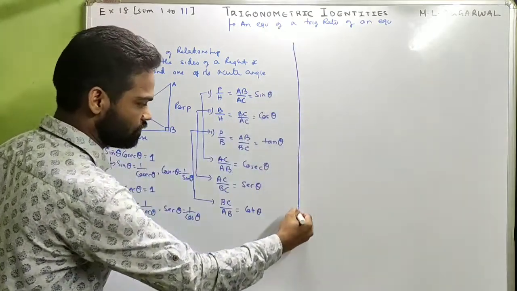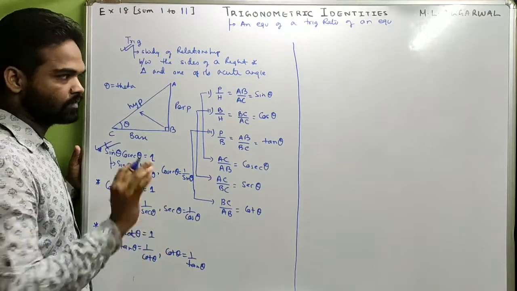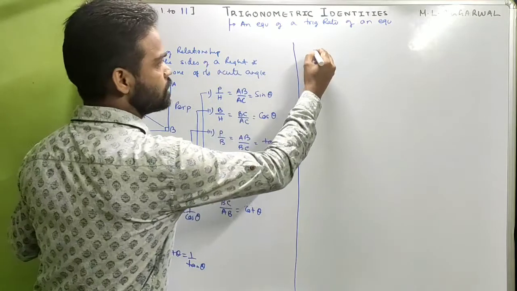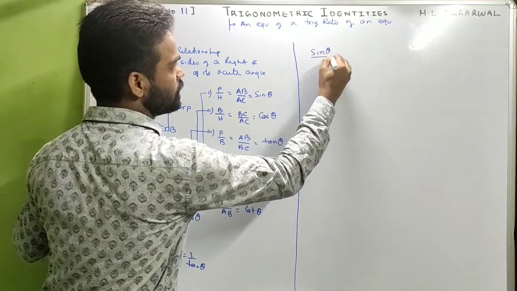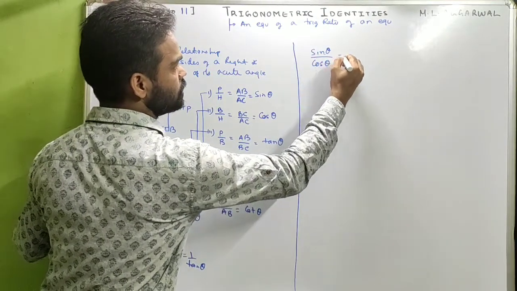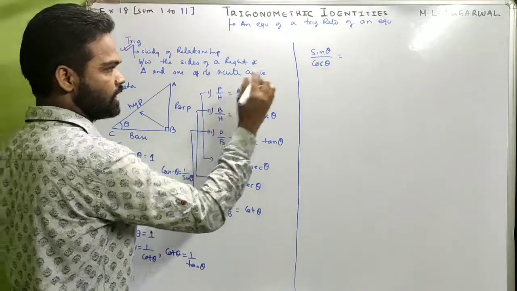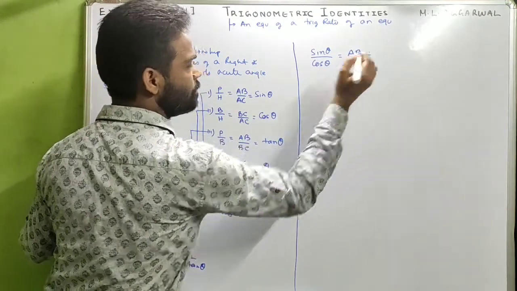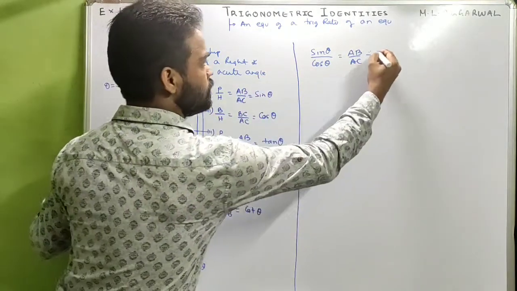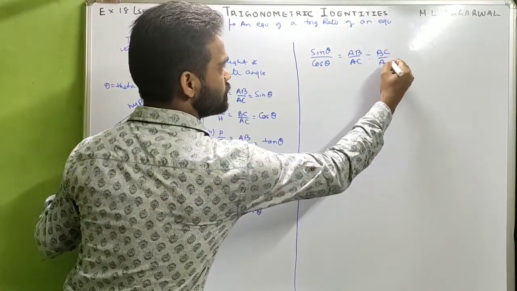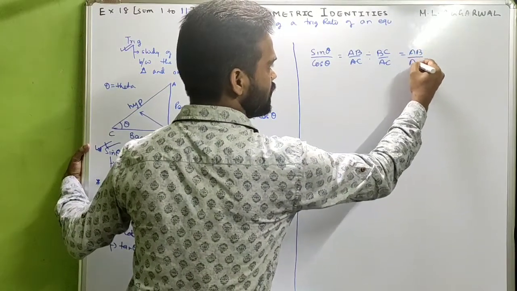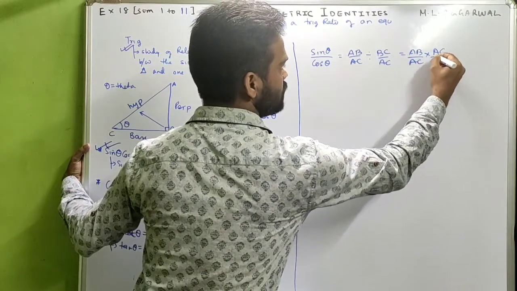Now look carefully. If I divide sin theta by cos theta, what do I get? AB by AC divided by BC by AC, which becomes AB by AC multiplied by AC by BC.